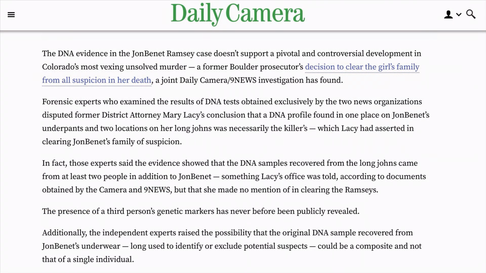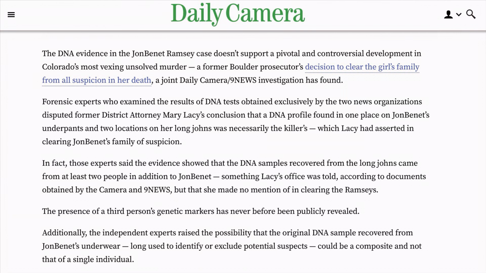So this is when District Attorney Mary Lacey confirmed her belief that there was an intruder, because the DNA matched JonBenet's underwear, the unknown male number 1, with the top of the long johns, the left and right side exterior DNA found.